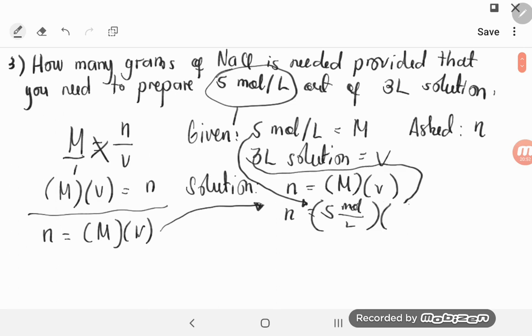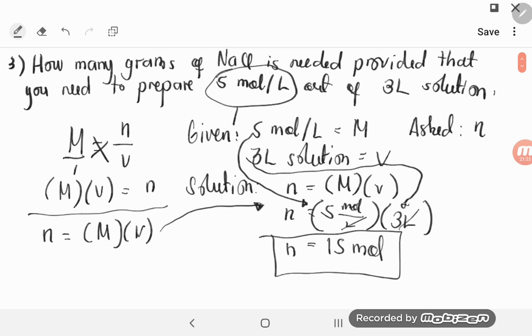We are going to write here, we have 3 liters. Is there a need for us to cancel? Obviously, we need to cancel the liters. That leads us only to mole. And so, 5 times 3 is equivalent to how many? It's 15 moles. So we now have the answer for problem number 3.